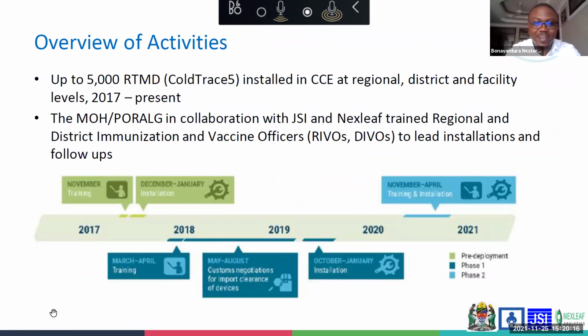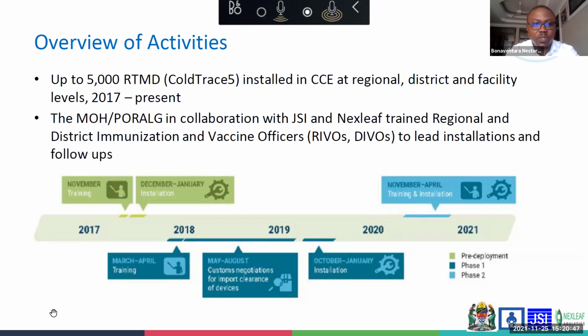Thank you, colleagues. This is a very wonderful discussion, and we hope to get much from it. In Tanzania, we managed to install more than 5,000 RTMDs, which are mostly the cold trace devices, at various levels, including the regional level and district and facility levels. And by this moment, we are also installing the RTMDs at central warehouses in Dar es Salaam.